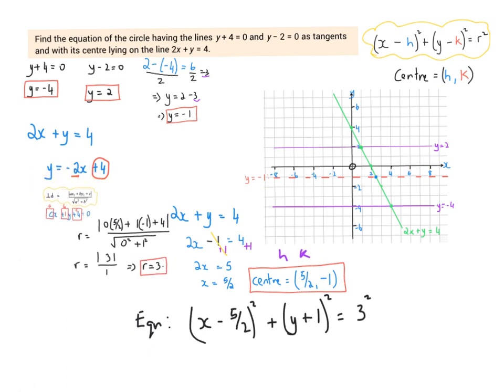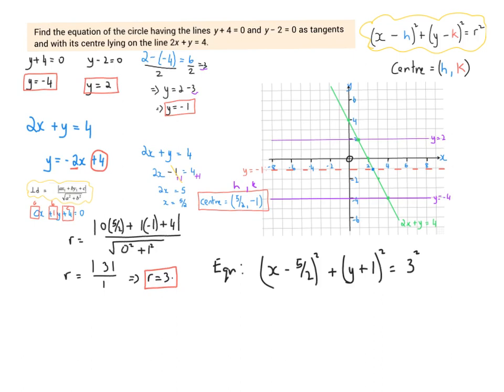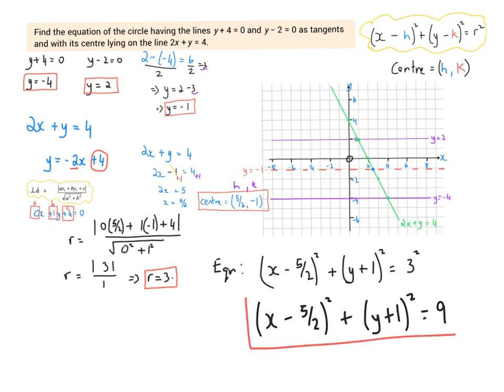And we can just tidy that up. So that's x minus 5 over 2, all squared, plus y plus 1, all squared, is equal to 9, and that is our equation of our circle.